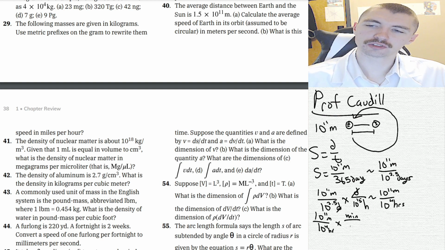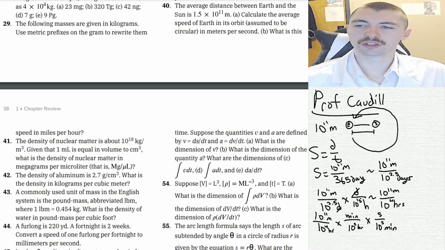60 is close to 10 to the 2, so we're going to say 10 to the 2 minutes. I'm sorry, hours. And I already know we're going to have to convert to seconds, so there's 10 to the 2 seconds in a minute.